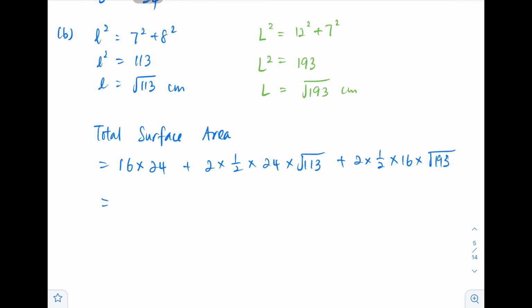I can press my calculator: 861 cm squared as our 3 s.f. answer.